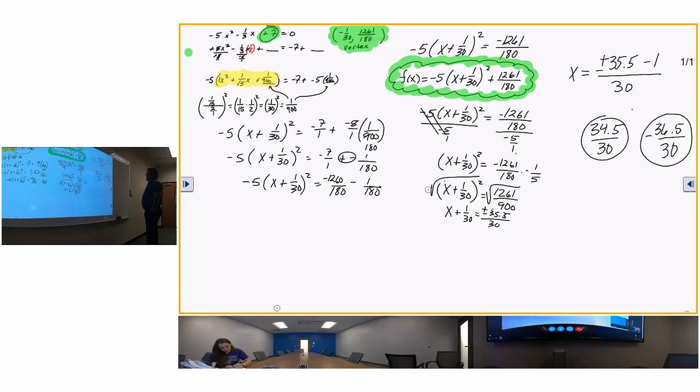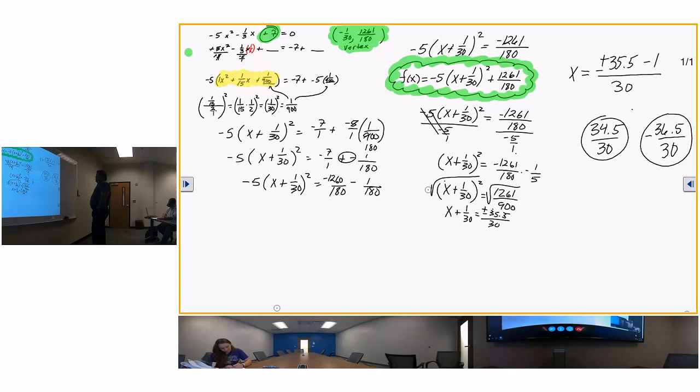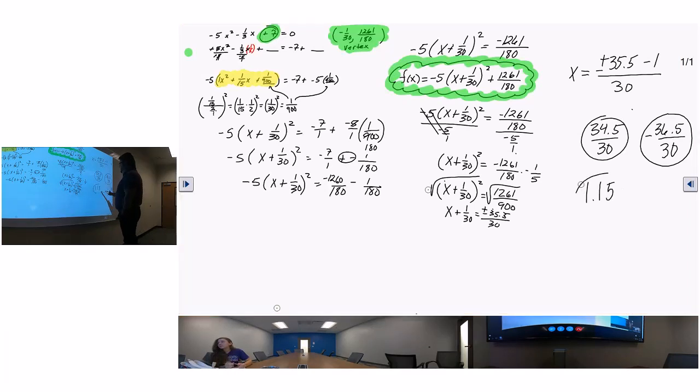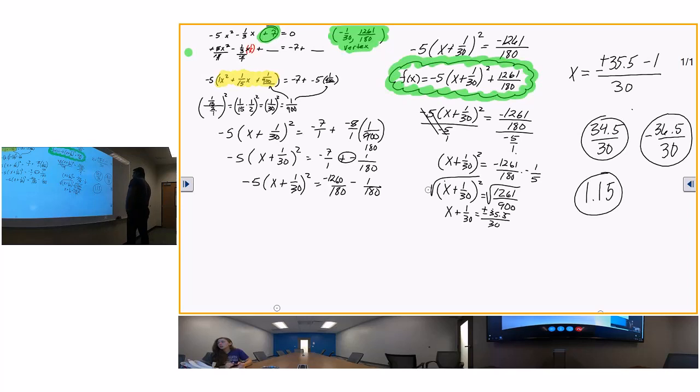Well, I know for a fact that 30 will go into 34.5 one time. And then that leaves you with 4.5. 30 will go into 45 one time. And then that'll leave 15, 150. I think 1.15, somebody check that. Yes. Then negative one, that'll leave 6.5.